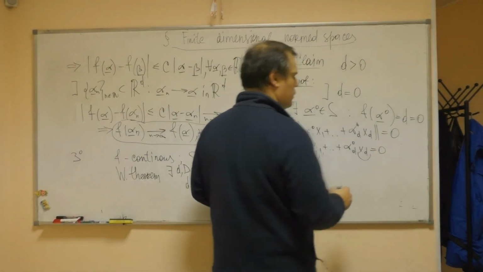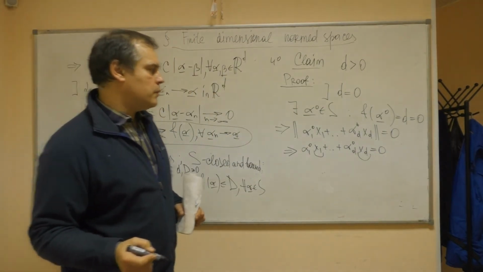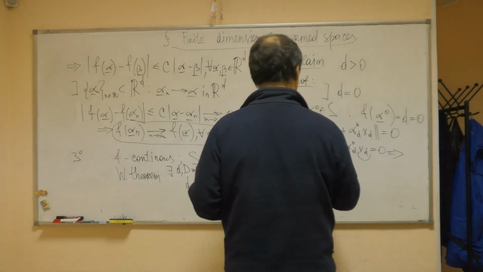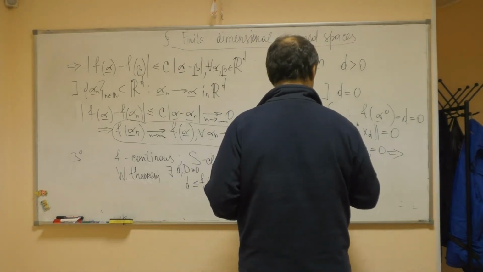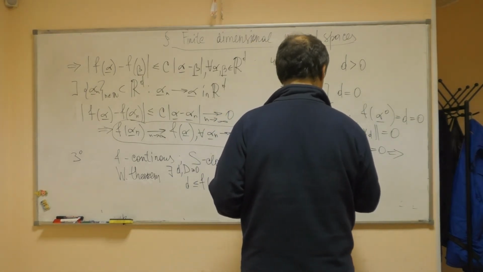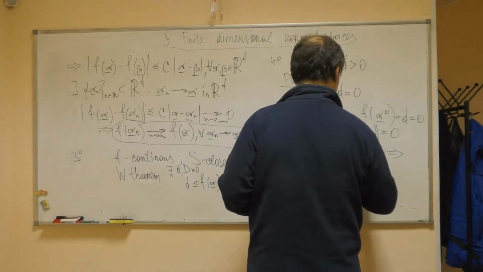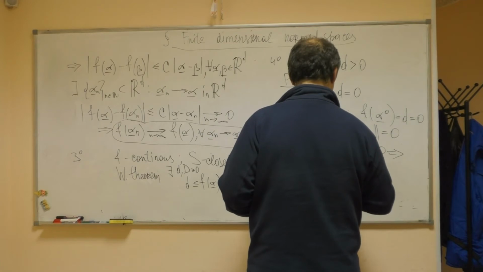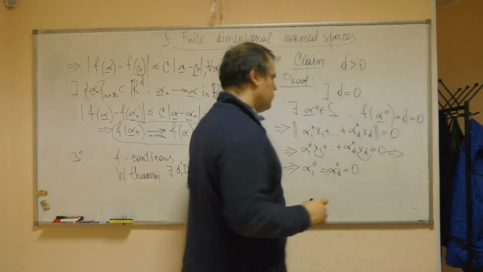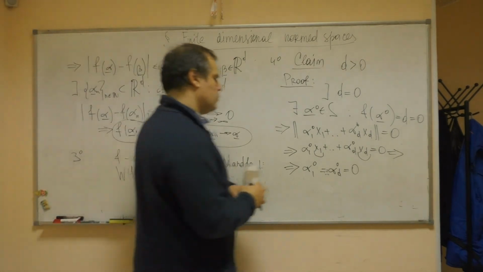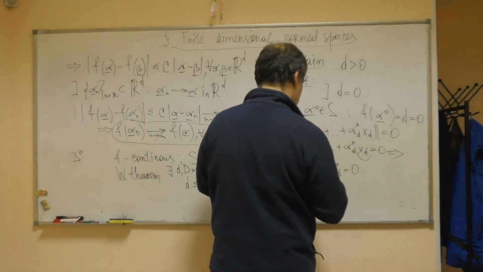Basic vectors are linear independent, so the only option we have is all coefficients need to be equal to 0.